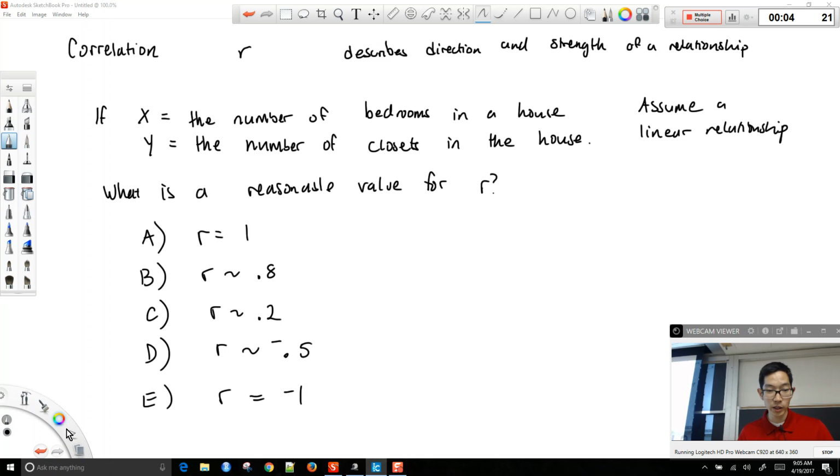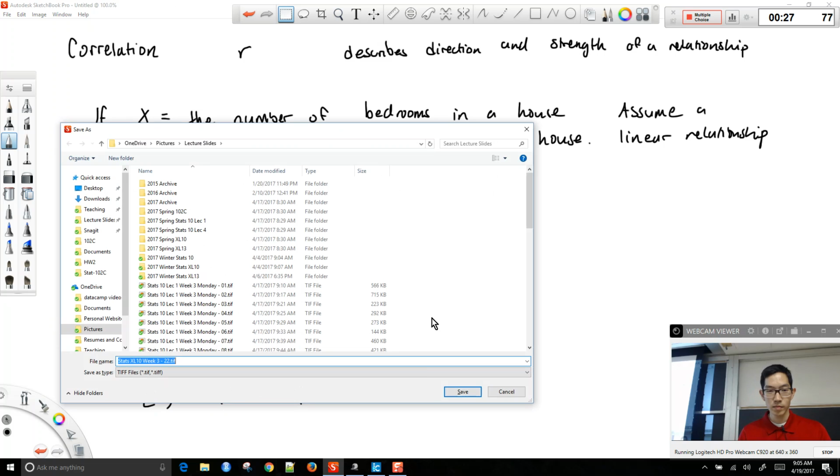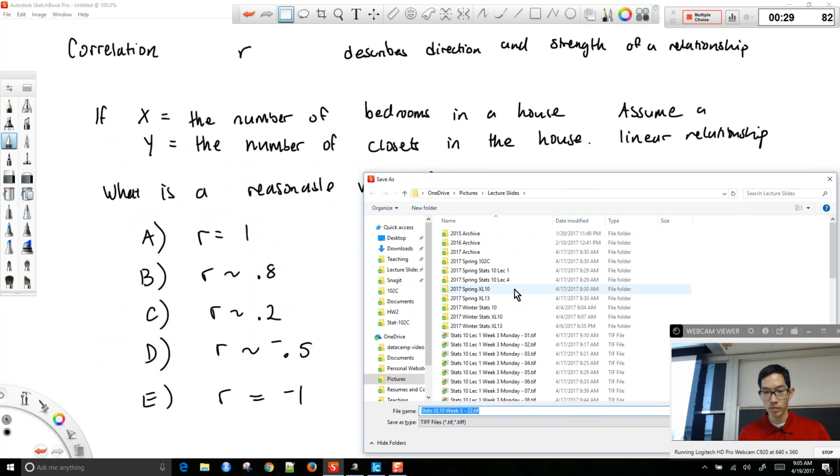Again, assume a linear relationship. X will be the number of bedrooms in a house, and y would be the number of closets in the same house. You can talk with your neighbor about this.